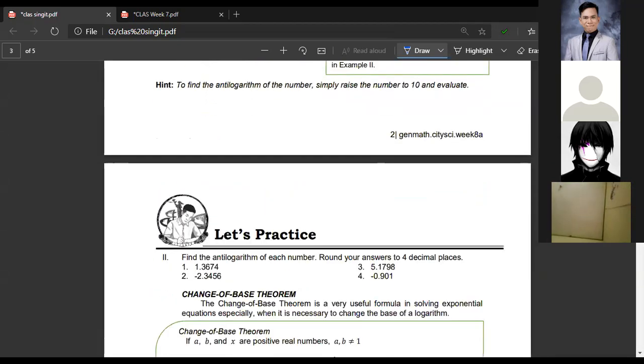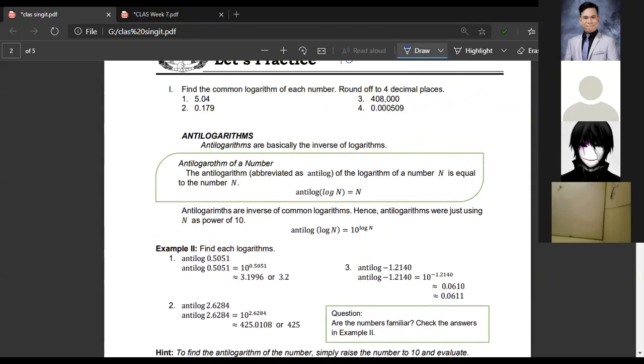Next, we have what we call the anti-logarithms.